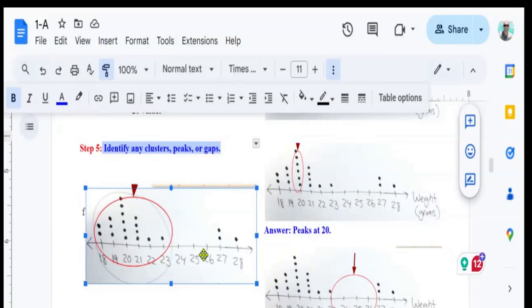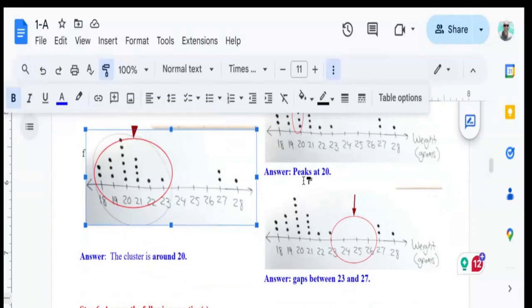And here we have what? A gap. And what is the peak? 20. Very good. Is this clear? So you have the peak, the gap, and the cluster. The cluster here is between 18 and 23.